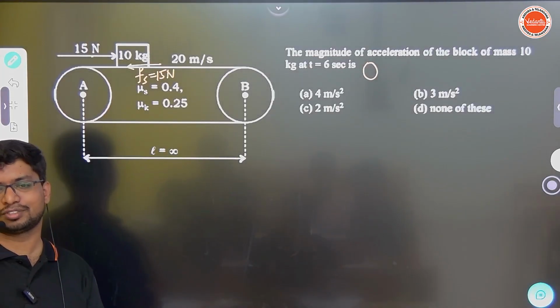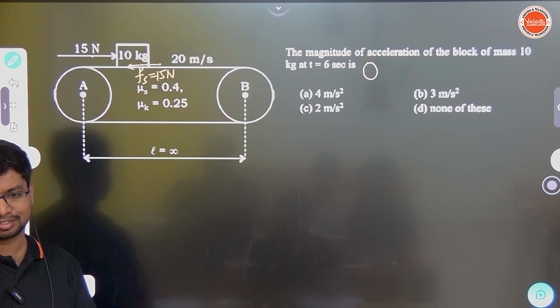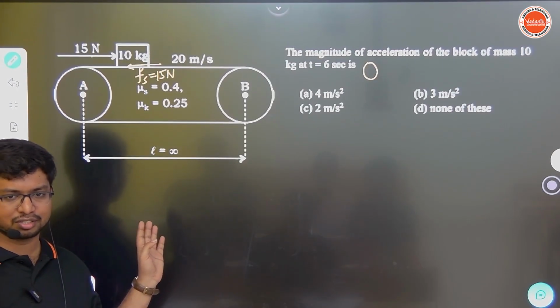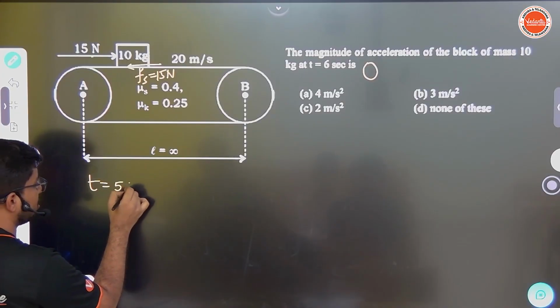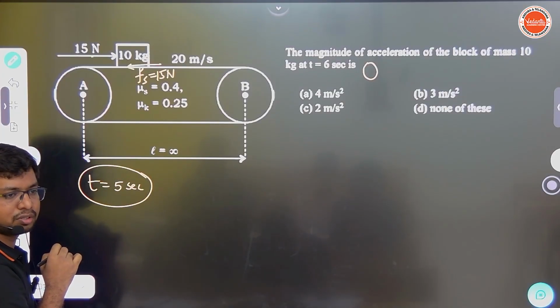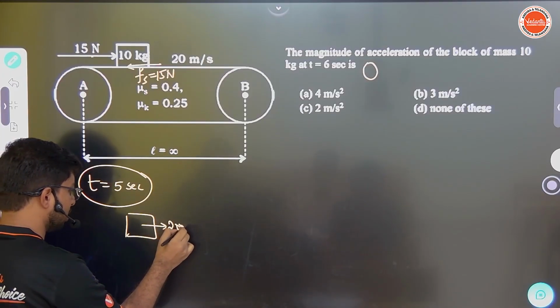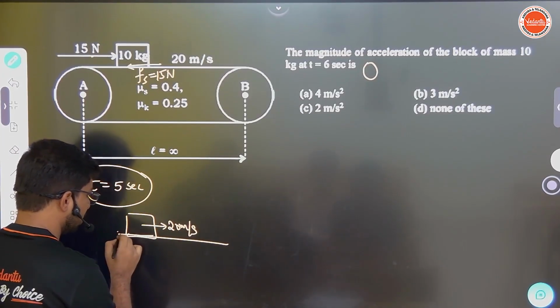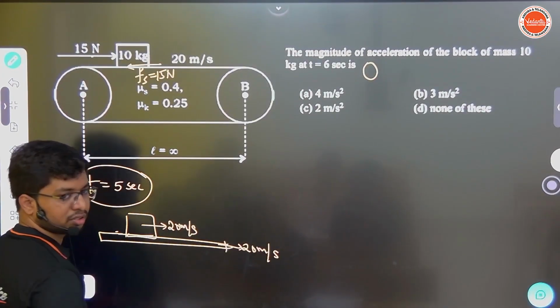Why are you getting confused? Not understood? Should I repeat this again? At t equal to 5 seconds, what is happening? The block is moving with 20 meter per second and the belt is also moving with 20 meter per second.